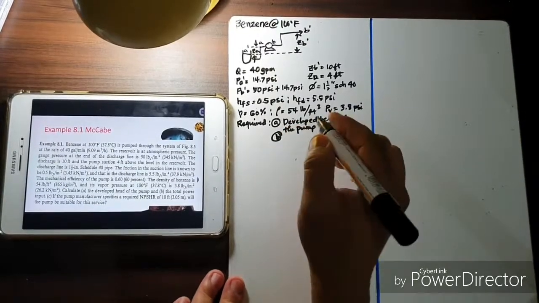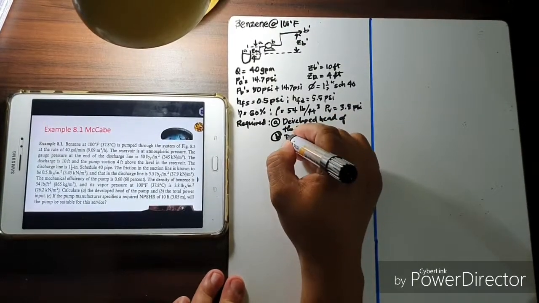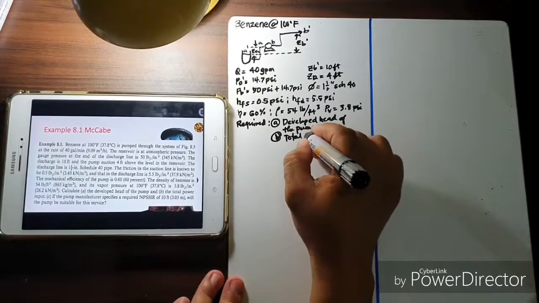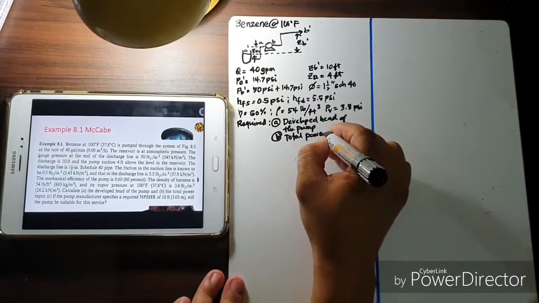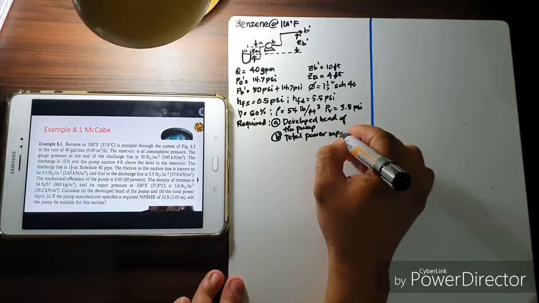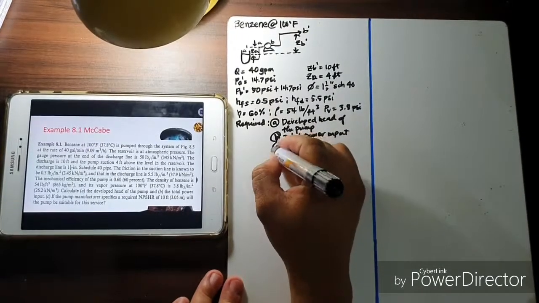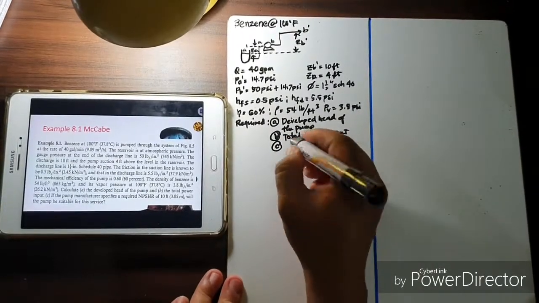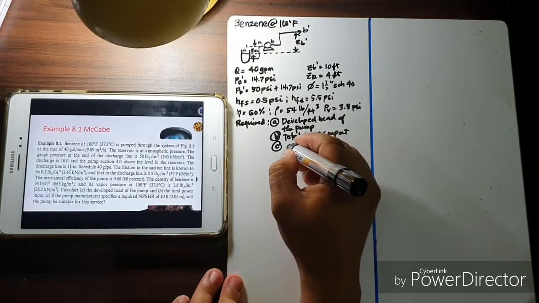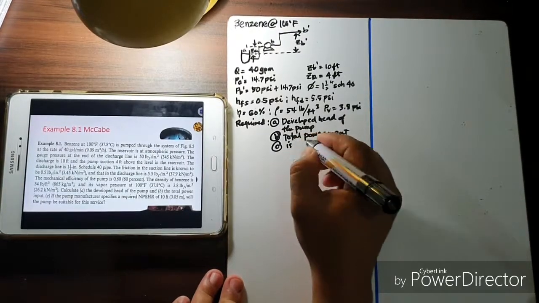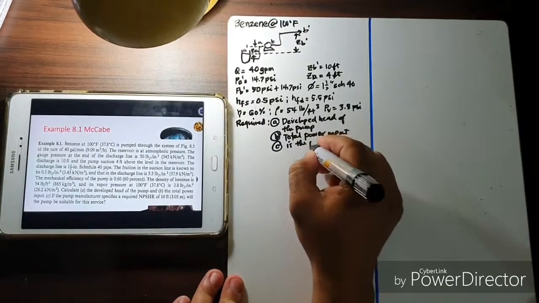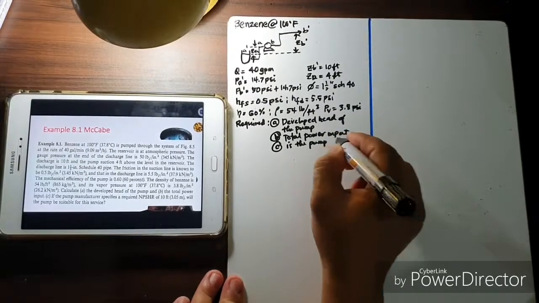Letter B, the total power input. And letter C, is the pump installed suitable?